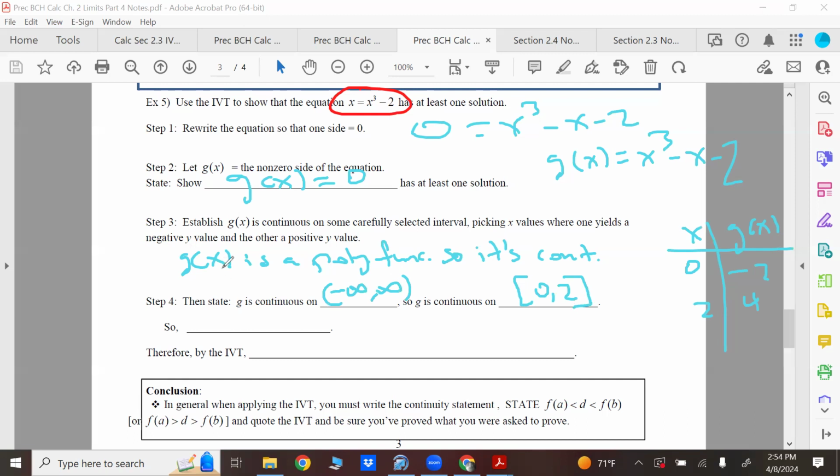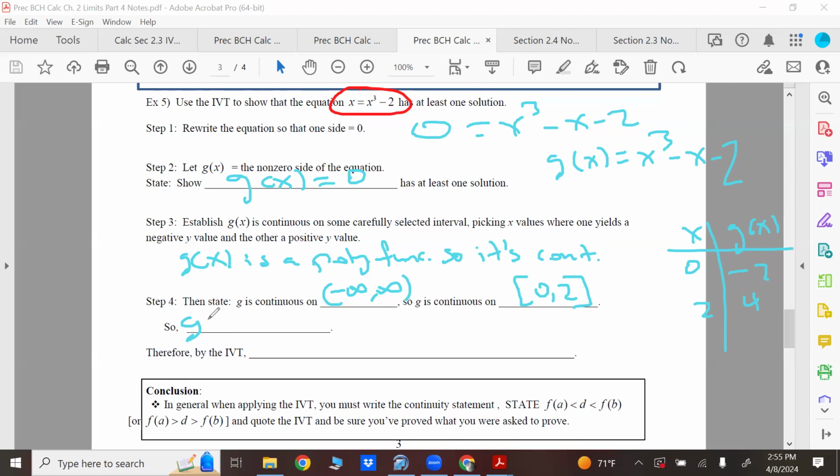Hold on a sec. Let me take this back. Hold on. I'm trying to understand what they're trying to see in this step here. I'm a little confused.